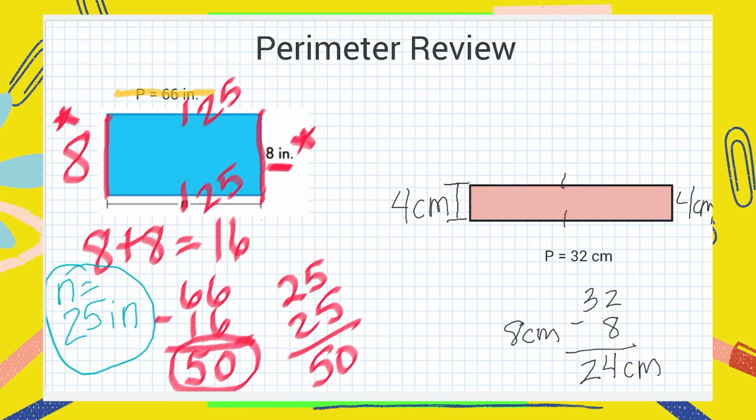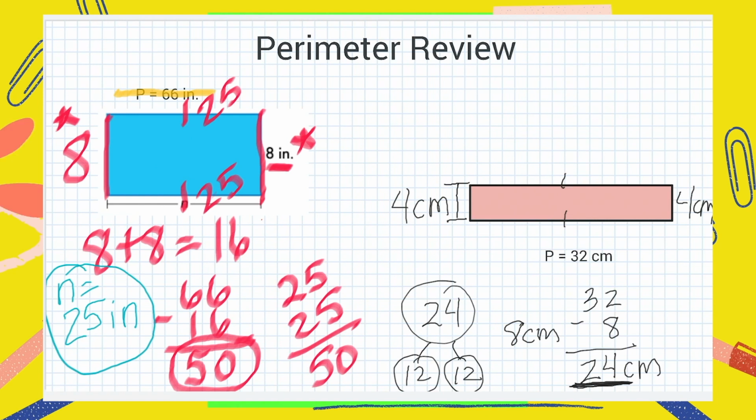What number can I double that will equal 24? Excellent! 12. I know that I can split 24 into two groups of 12. So that means that these side lengths must be 12 centimeters and 12 centimeters.